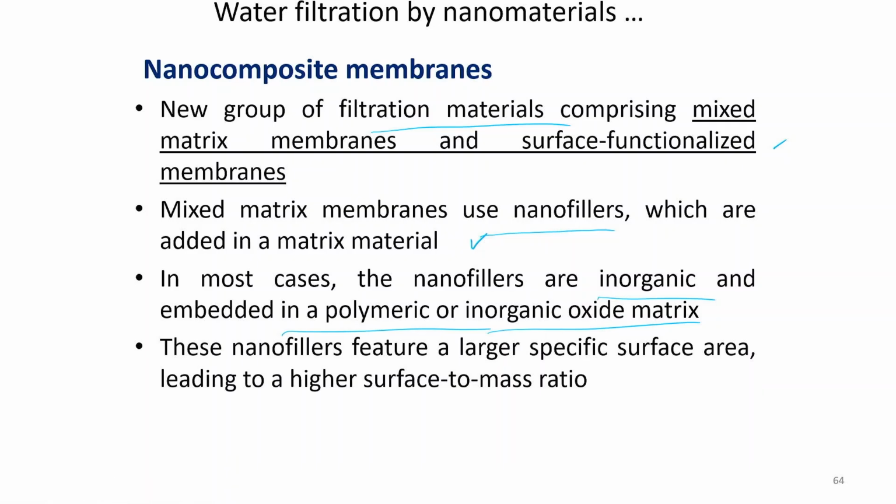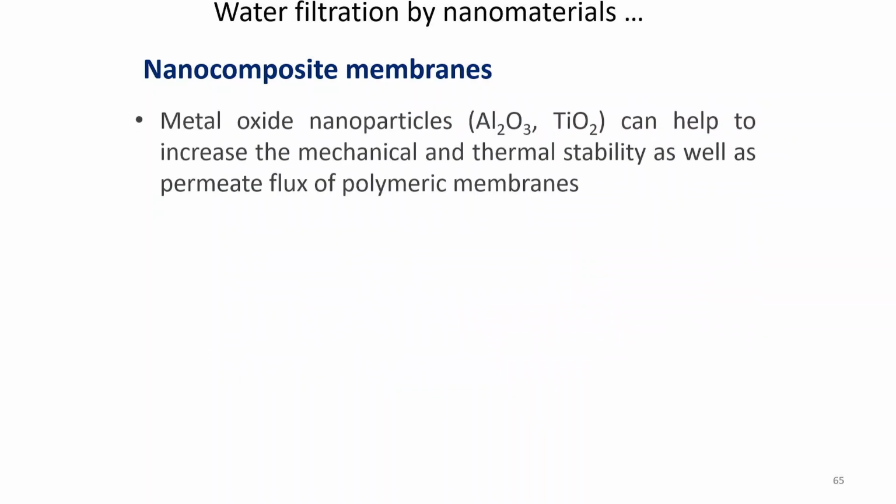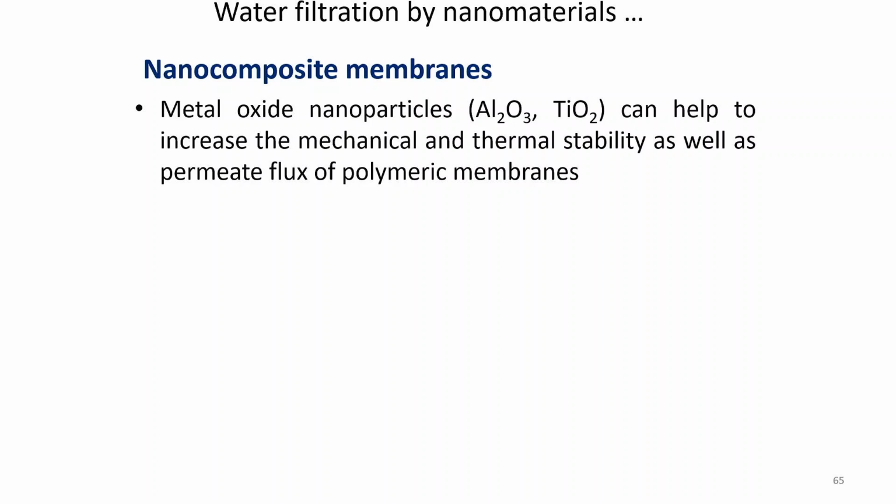These nanofillers have a large specific surface area, leading to a higher surface to mass ratio. So, it enhances the filtration capacity. Metal oxide nanoparticles are used. This can help in increasing the mechanical and thermal stability as well as the permeate flux of the polymeric membrane.